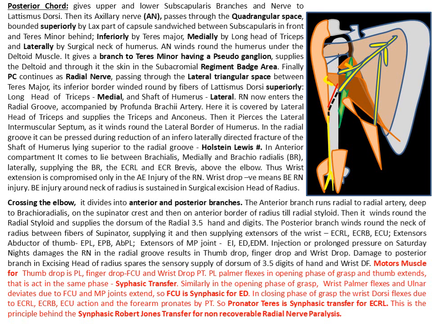Next, again in the opening phase of grasp, the wrist palmar flexes and ulnar deviates by the flexor carpi ulnaris and the MP joints extend. So FCU transfer to extensor digitorum is again a synphasic transfer.